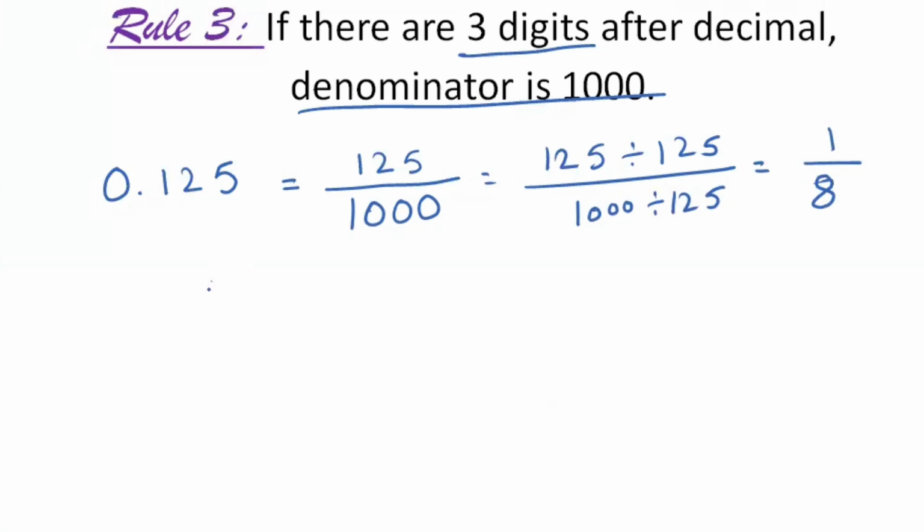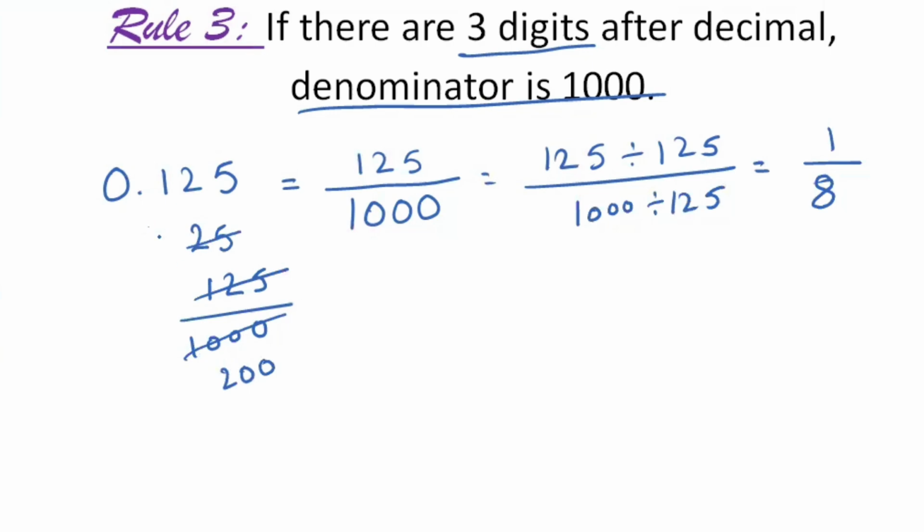Or you can just start dividing with a smaller number. 5 times 2 is 10, then 5 times 25 is 125 and 5 times 200 is 1000. Now we can further do it.